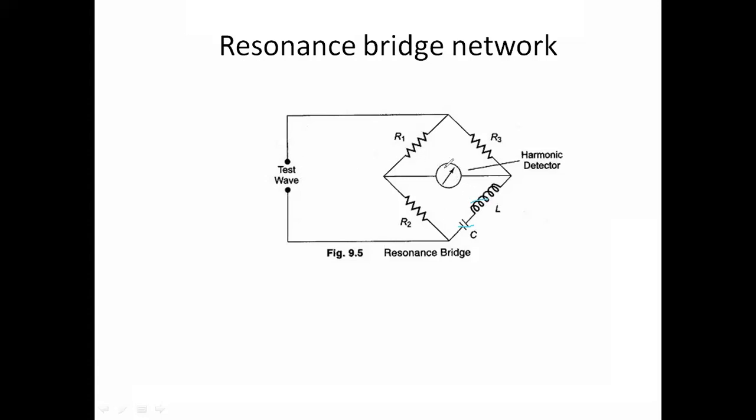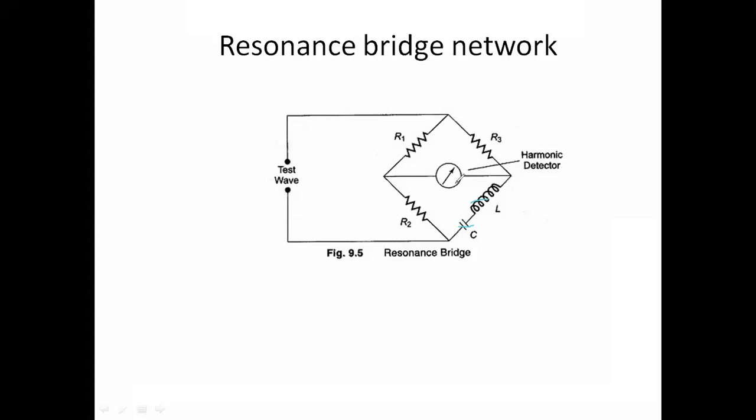Once the bridge is balanced, the harmonic components unbalance it. The change from the balanced position to the distorted position indicates the total harmonic distortion of the input signal.